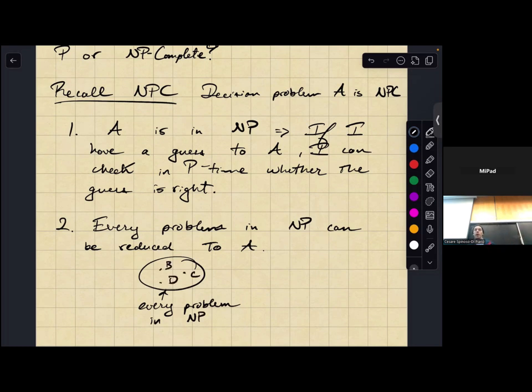All of those problems are at most as difficult as your problem A. So that's what it means for something to be NP-complete.